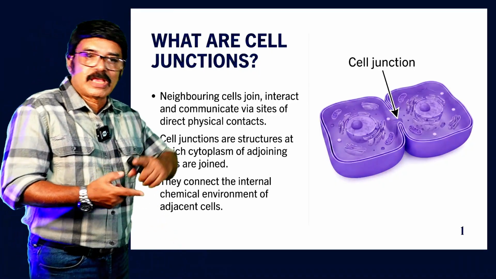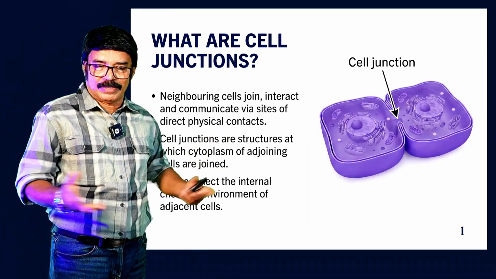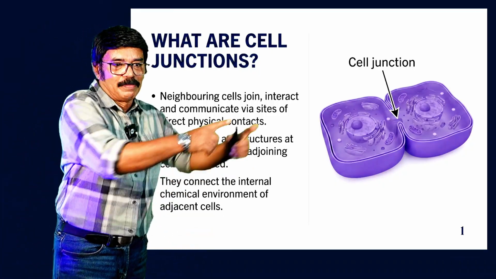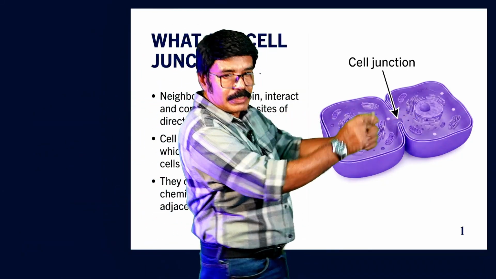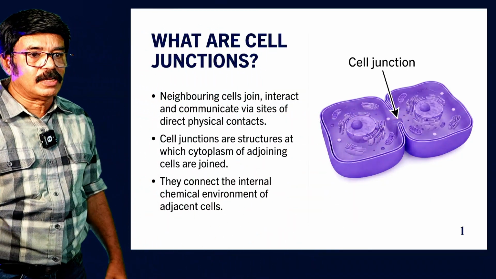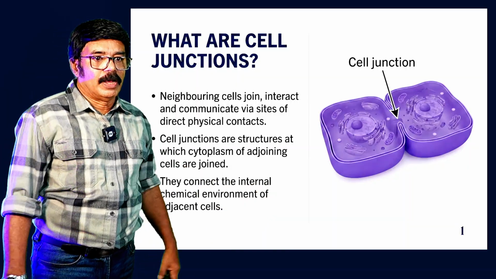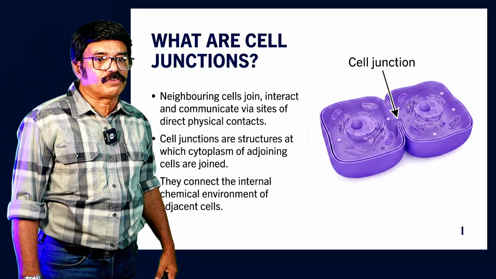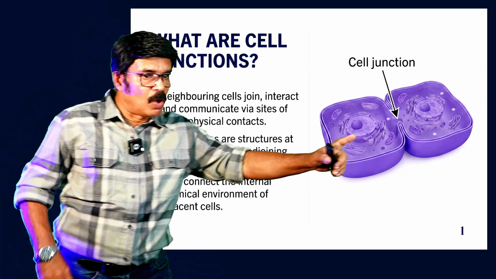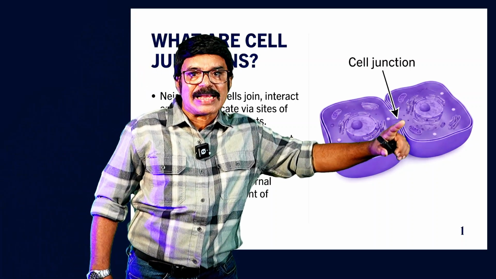Neighboring cells. You know what a neighbor is? It's quite clear. These are two neighboring cells, as you see. Neighboring cells join, interact, and communicate, as we have talked about, via sites of direct physical contact. Now, this is a direct contact.